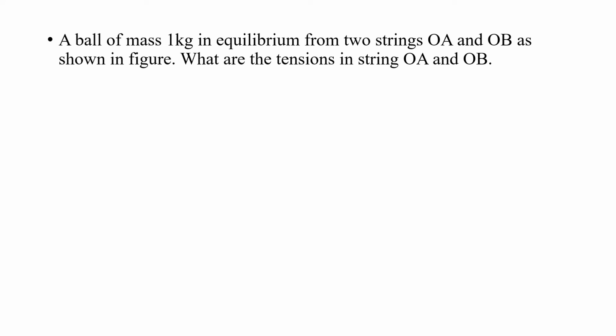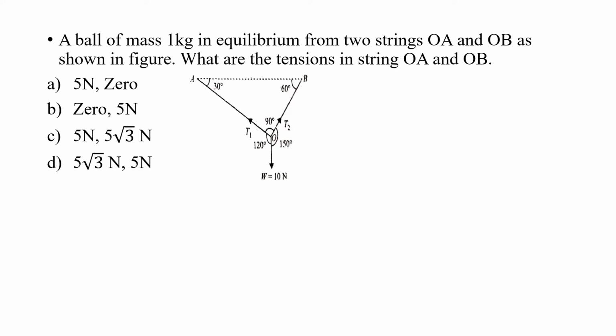Then the last problem: a ball of mass 1 kilogram is in equilibrium from two strings OA and OB as shown in the figure. What are the tensions in strings OA and OB? You were given the figure and the options are: A 5 Newton, 0; B 0, 5 Newton; C 5 Newton, 5 root 3 N; option D 5 root 3 Newton, 5 Newton.